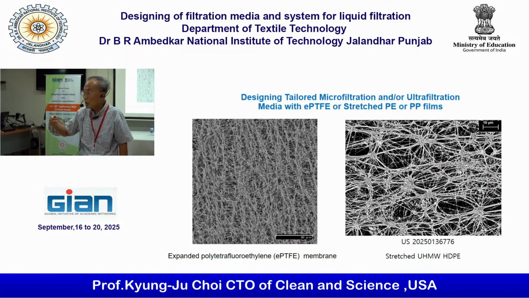We normally call it a tenter machine, T-E-N-T-E-R. Then you can stretch so-called biaxially, simultaneously stretch. I don't know whether you notice that. This is a 30 micron bar. How small the fiber is. Also, look at this, the uniformity wise.